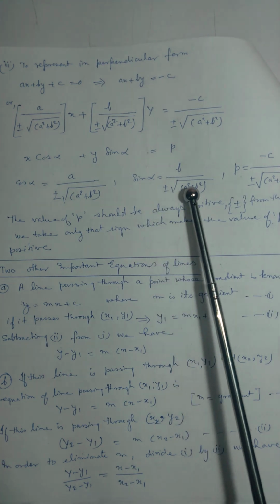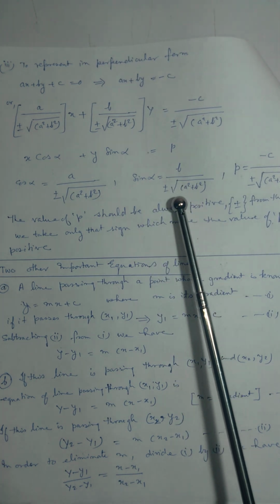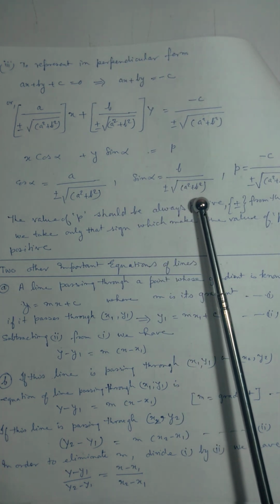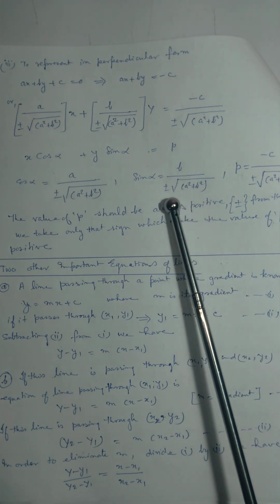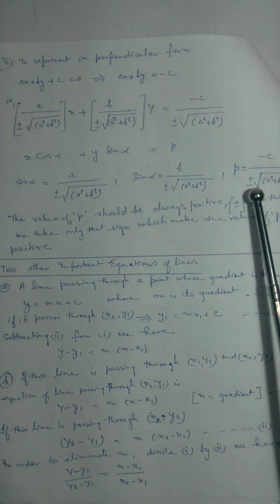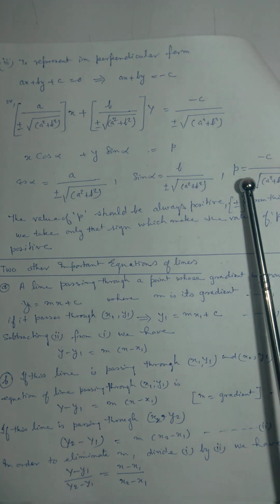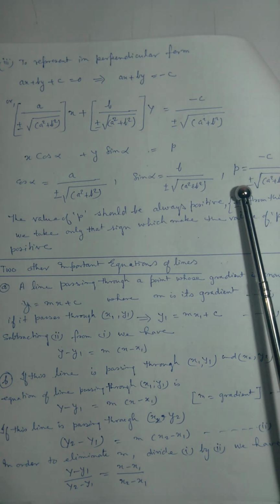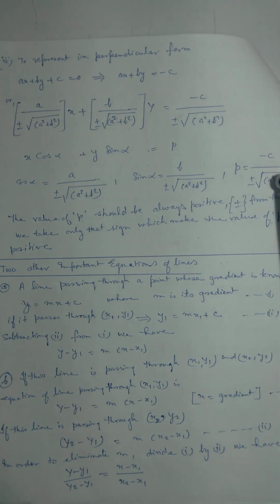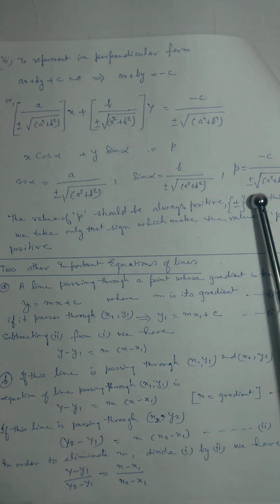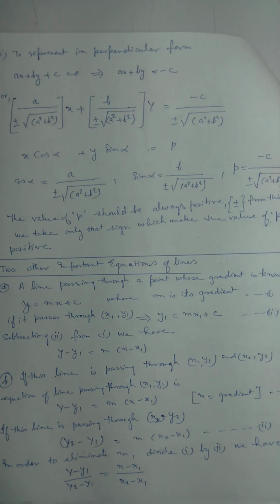Sin alpha is equal to b upon root a square plus b square, and taking the square root after that. Here the perpendicular distance, that is p, is minus c by plus minus root of a square plus b square.